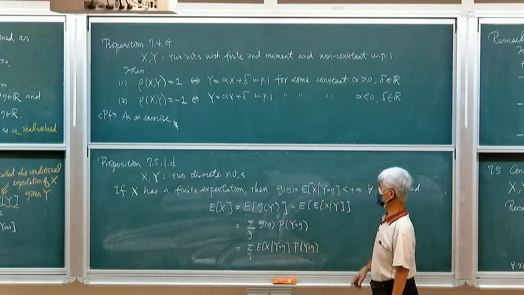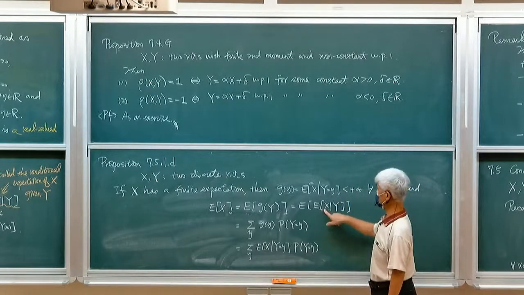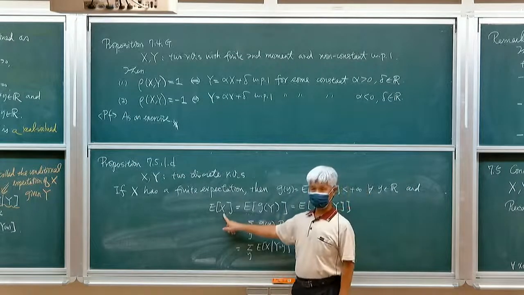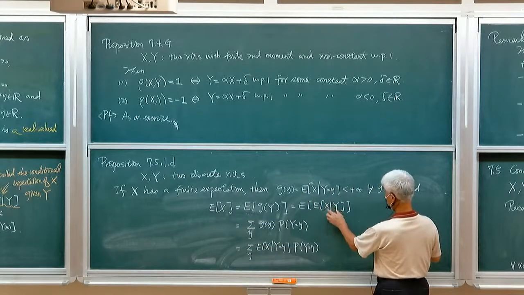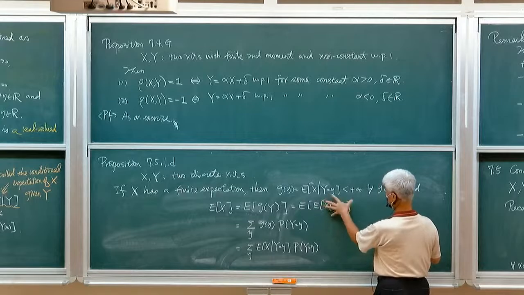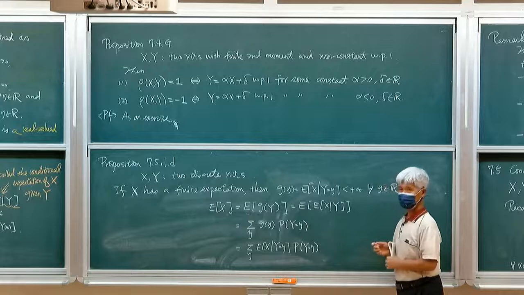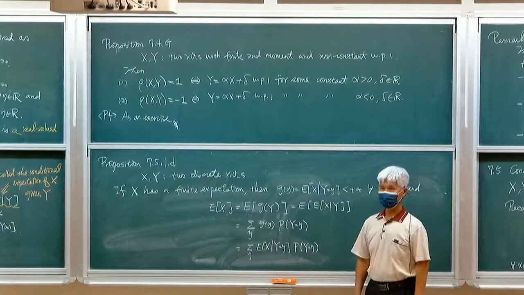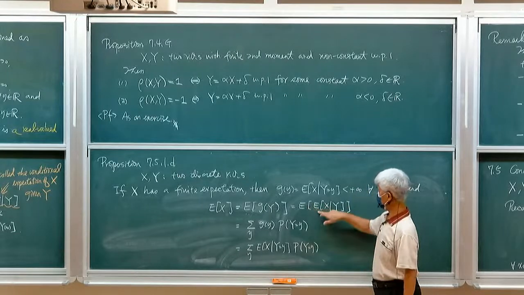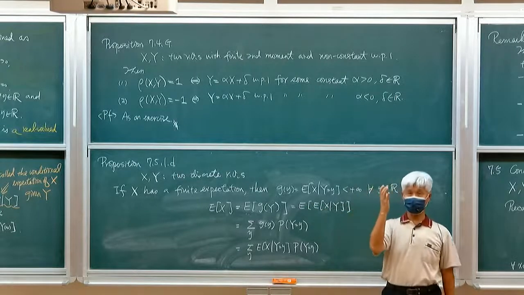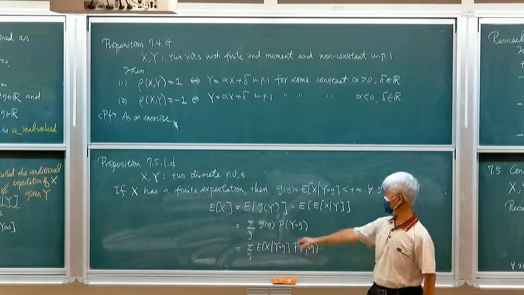So it gives you a notational advantage. It says that to find the expectation of X, you first find the conditional expectation of X given Y, and then you find the expectation again. So you can do it in 2 steps. This gives you conceptual advantages, but the computational advantage is here.